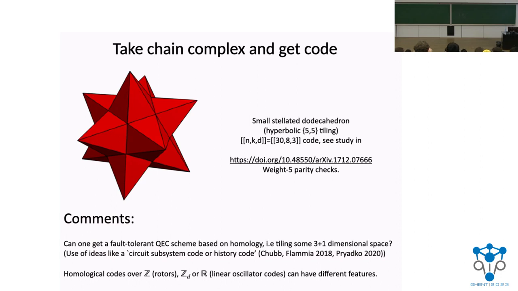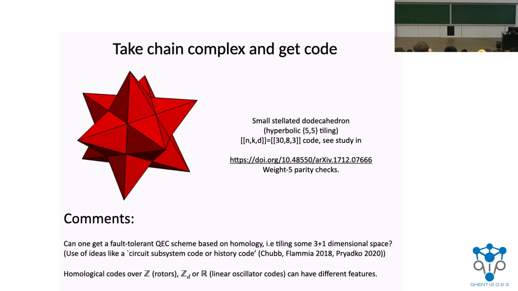And the other comment I want to make, pointing to some research that I'm interested in right now, is that, of course, these homological codes, I started with Z2, so I started with qubits. I can also start with qudits, and I can start with R, and I can start with Z. So there are several choices, and I can start with something even richer.